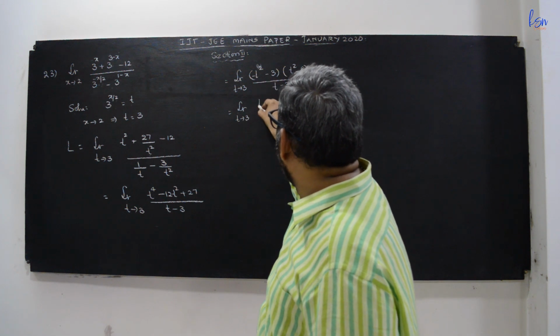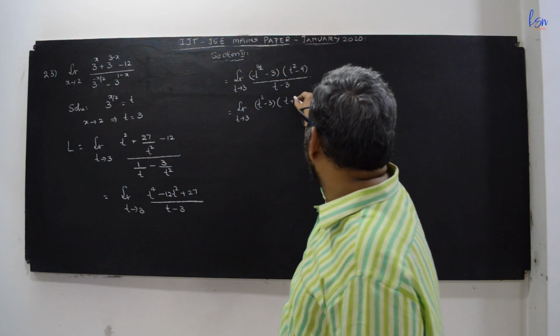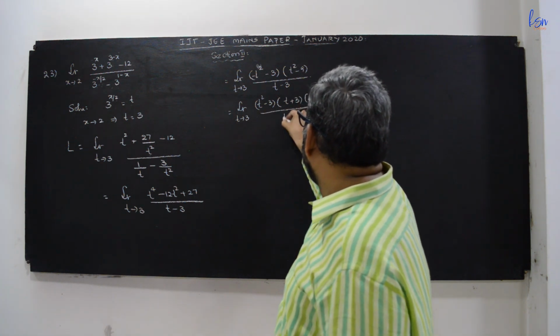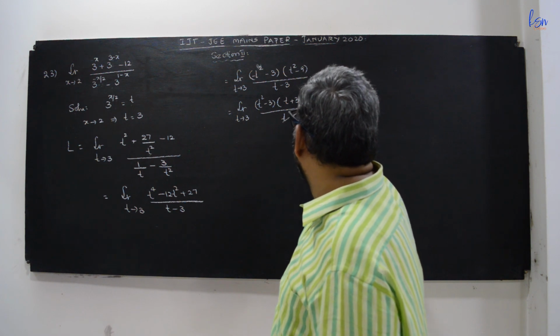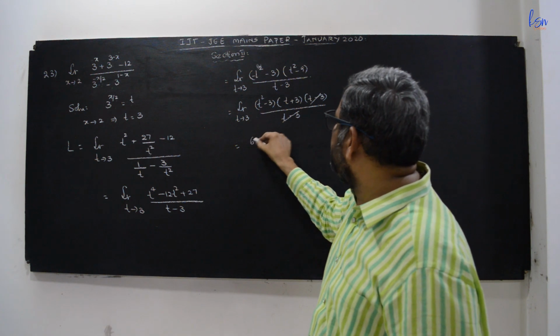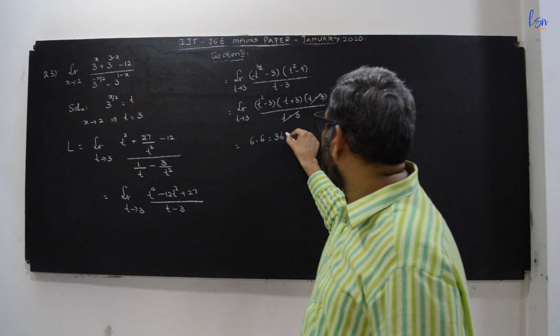This can be written as (t² - 3)(t + 3)(t - 3) over (t - 3). You can cancel t - 3 everywhere. Now substitute: (9 - 3) into (3 + 3), which is 6 into 6, and the result is 36.